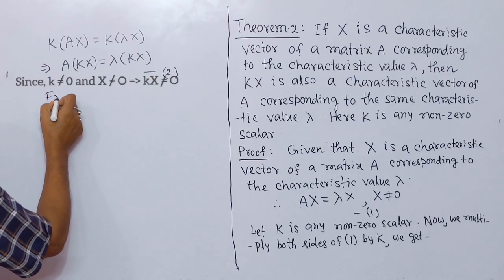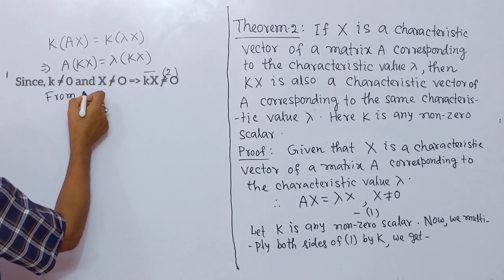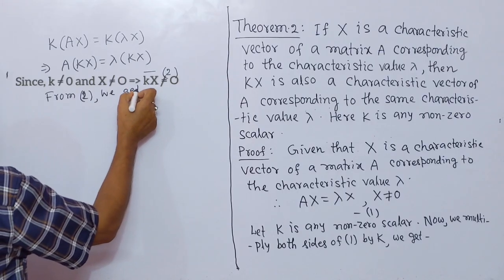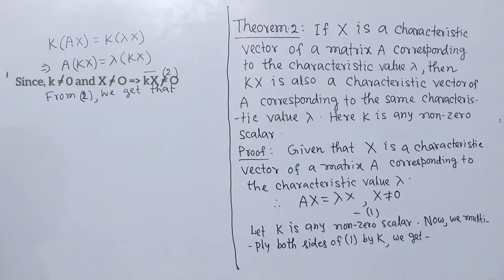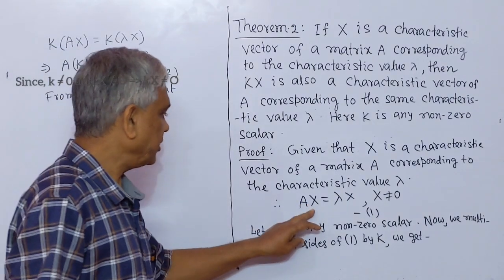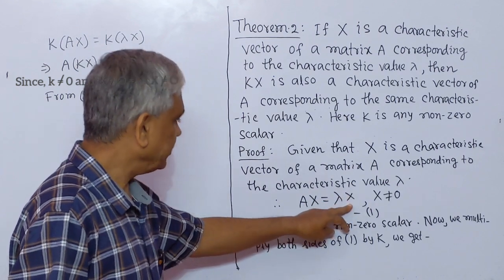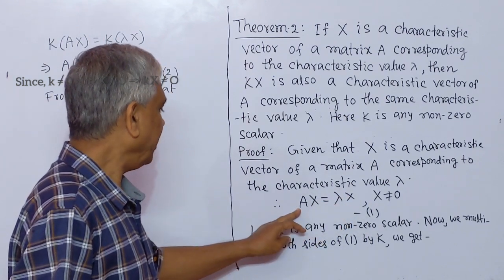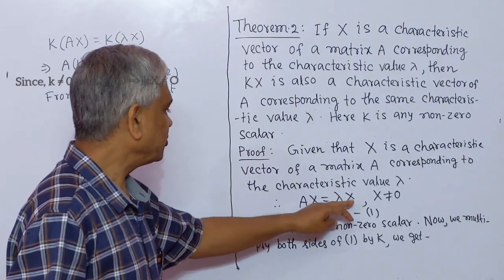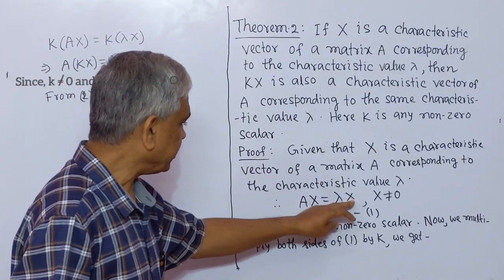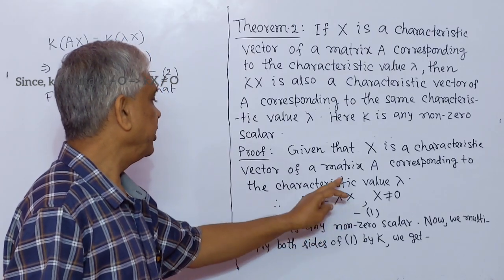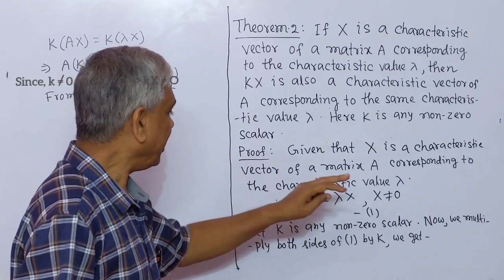From 2 we get that since here Ax equal to lambda x, then lambda is a characteristic value of A and capital X is a characteristic vector or eigenvector corresponding to eigenvalue lambda.